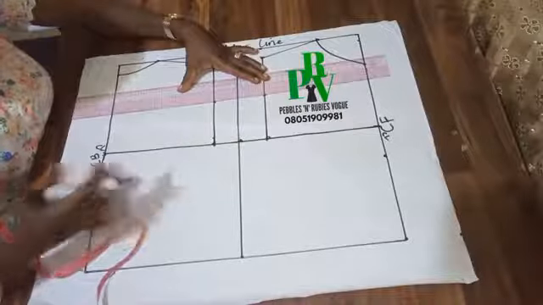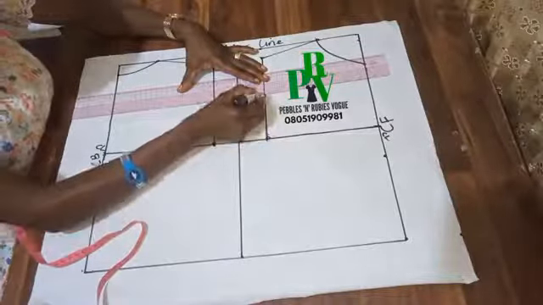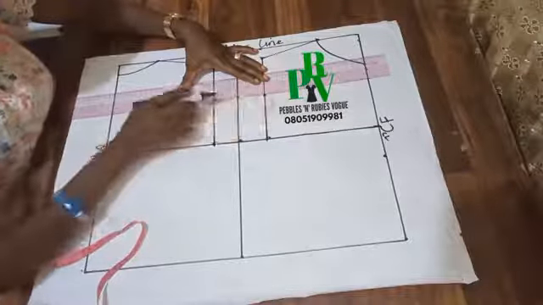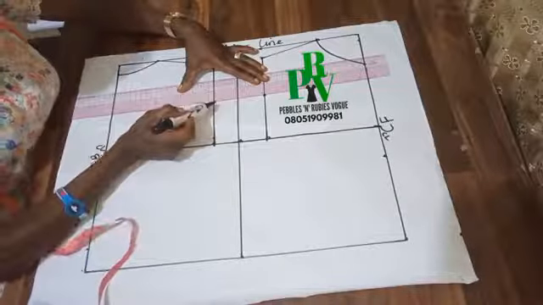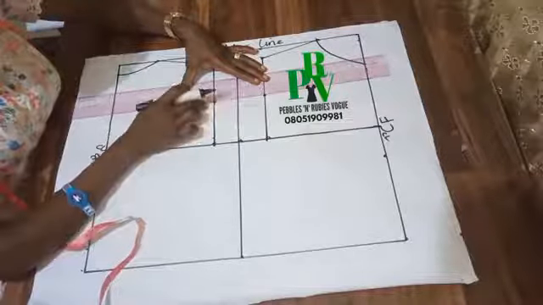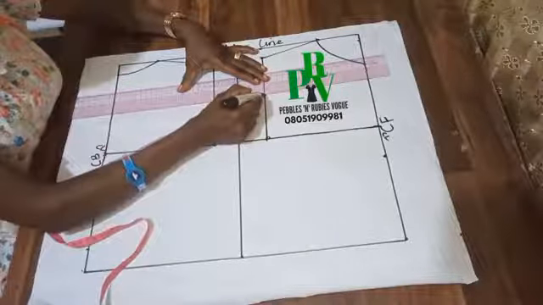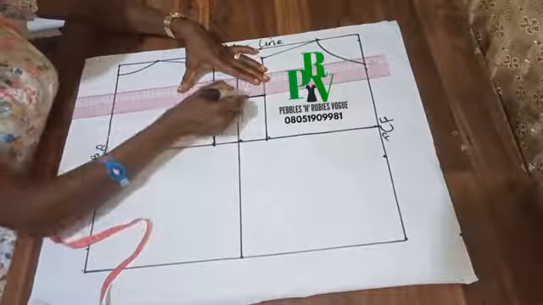So I'll connect the 2 points. This is not compulsory anyway, but just to indicate the center, the midpoint. What I said is not compulsory is me marking it horizontally like this. I can decide to leave the marking and connect my armhole, but just for clarity of the tutorial, I'll mark it across horizontally.